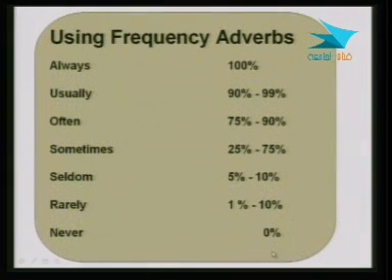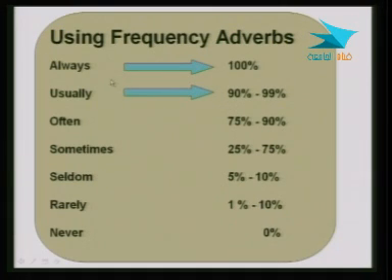All right. Go to the next exercise, using frequency adverbs. With simple present tense, we use the adverb always. And that means when something is done always, it's 100%. We also use the adverb usually, that's 90 to 99%.